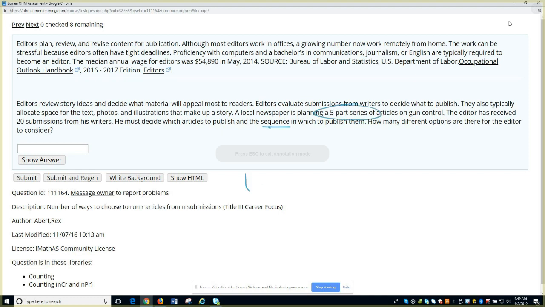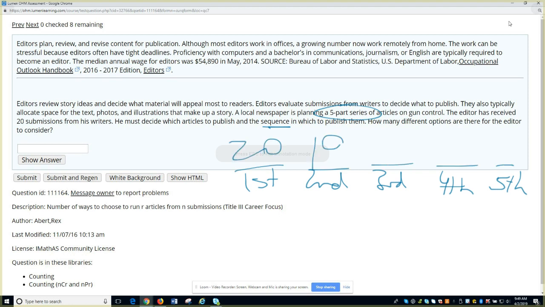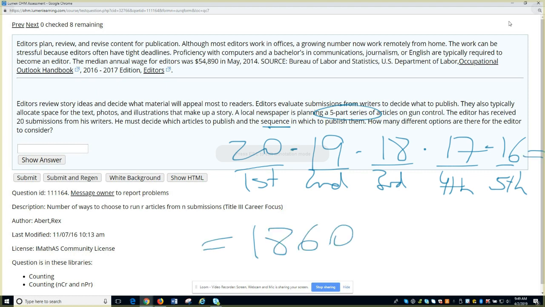So we got the first article that he will publish, the second article, third article, the fourth article, and then the fifth article. And then for the first article, he's got 20 to choose from, then 19, 18, 17, 16. And then if you multiply those numbers together, you will get the same number that the calculator already gave us, which was this number.